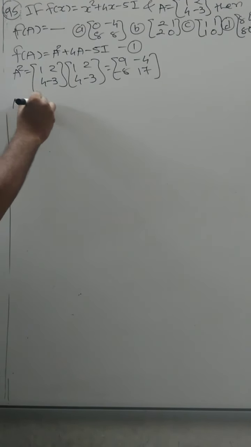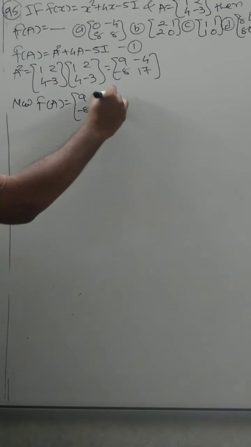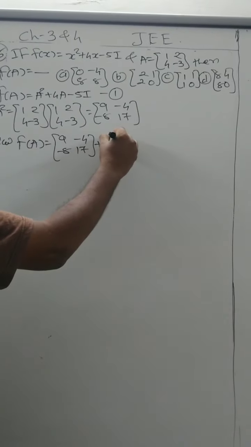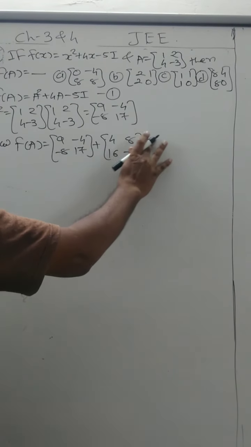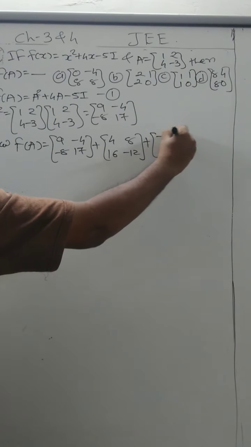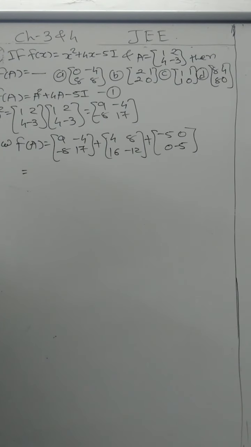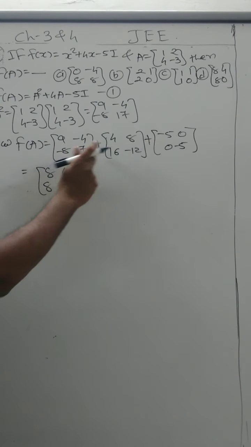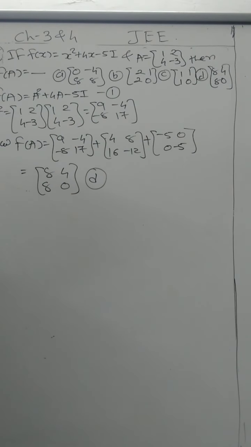Now f(A) is equal to [9, -4; -8, 17] plus 4A, means all the terms of A we multiply by 4, [4, 8; 16, -12], plus minus 5I, which is [-5, 0; 0, -5]. Then we have 8, 4, then 16 means 8, and 17 minus 0. So our answer is B. Right? So this is our answer.